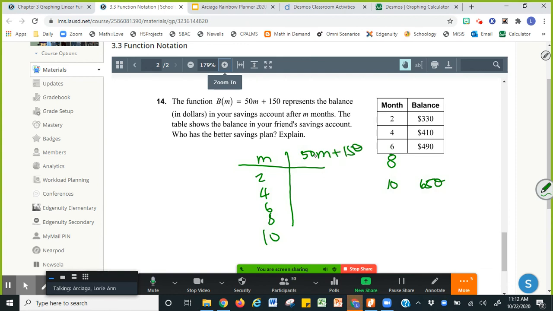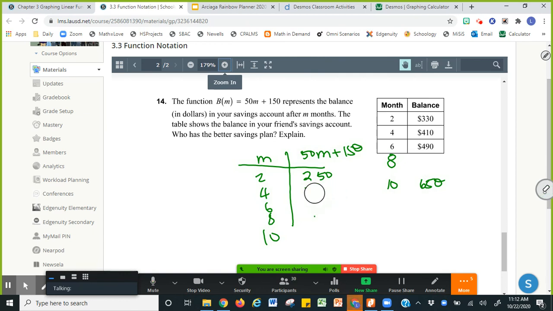So you have to plug in each time, like 50 times 2, that's 100, plus 150. Am I doing it right? Yeah, that's 250. And then this one will become 400, right? And then 550. Oh, no, no, no. Sorry. You're saving $50 a month. So 300, 350.